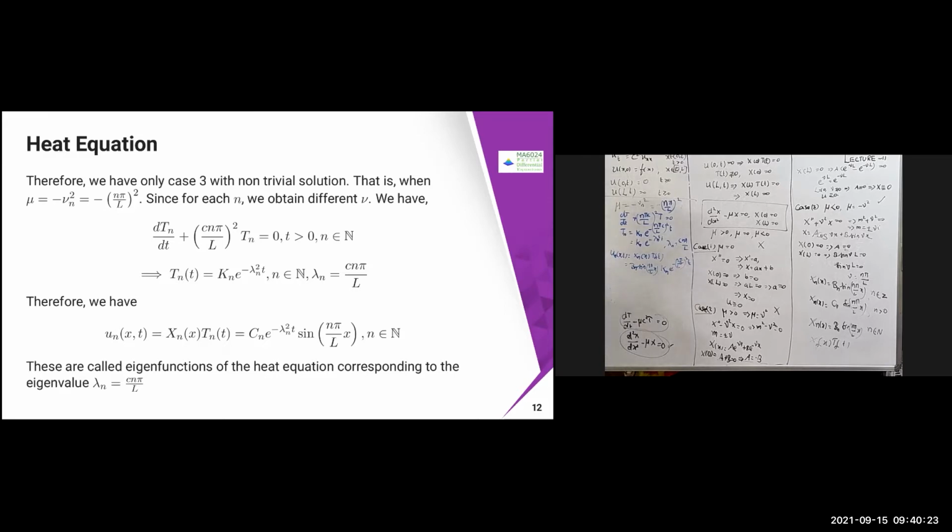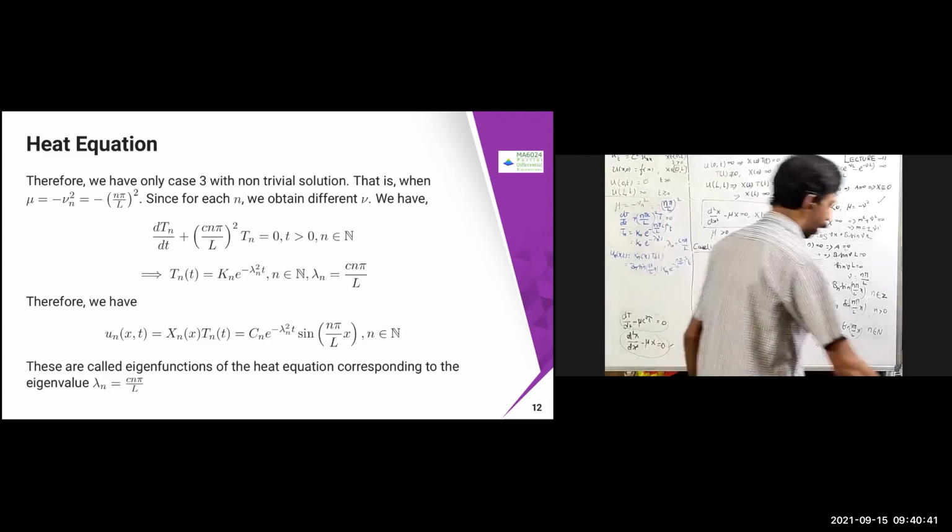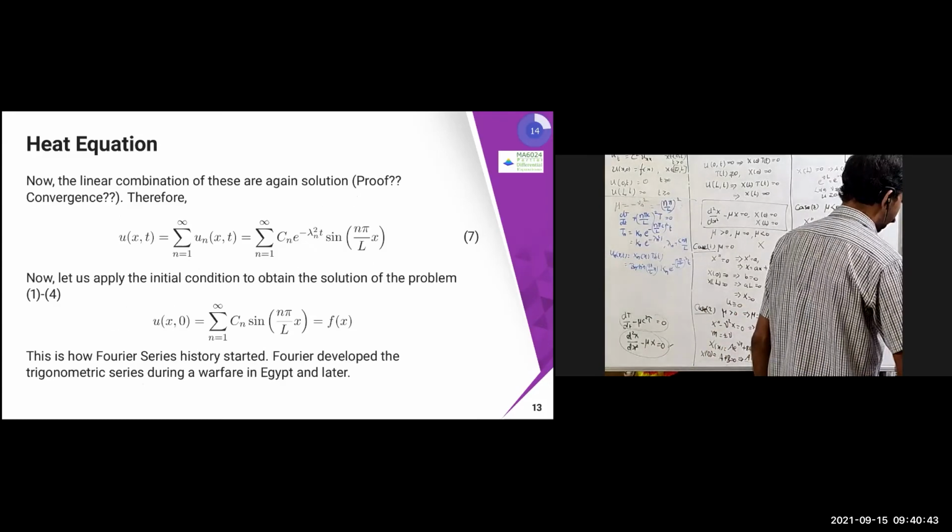These are all called eigen functions of the heat equation, corresponding to the eigenvalue lambda n equal to c n pi by L. Now it doesn't end here.